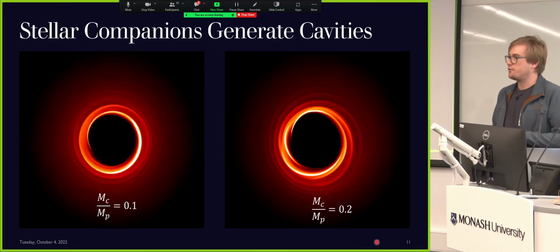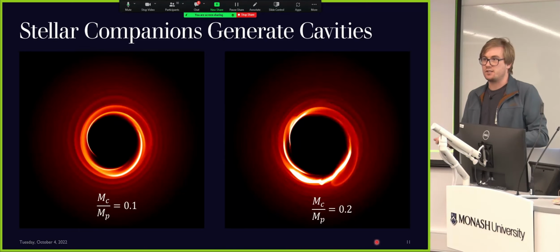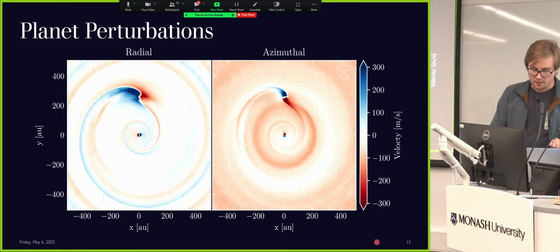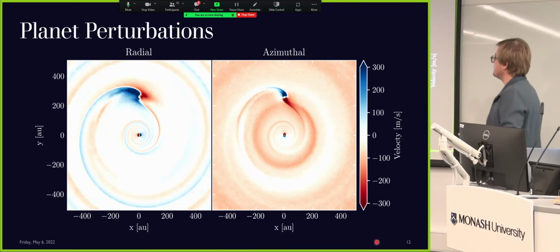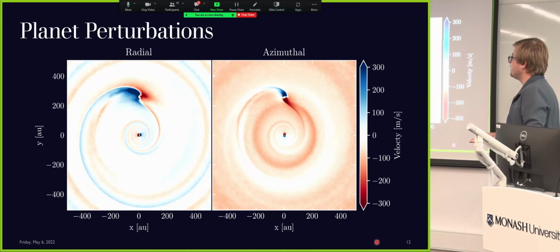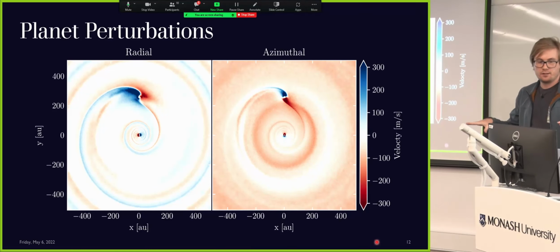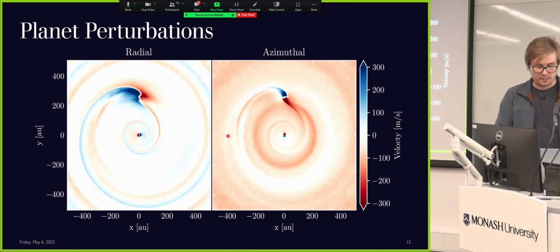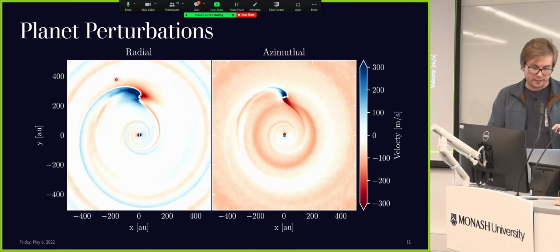But the important piece of information that we also get is the velocity field of the disks. This is just a snapshot of a simulation with a planet in it, and we're looking at the radial velocity in the midplane of the disk. What you're seeing here is the spiral wake generated by the planet.